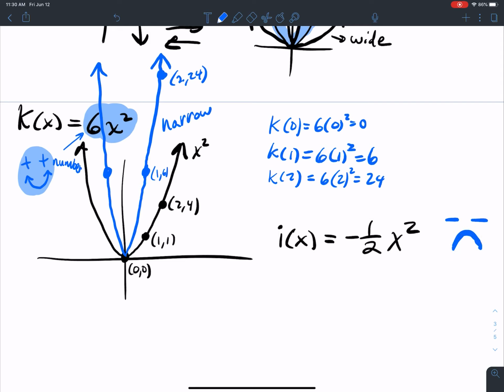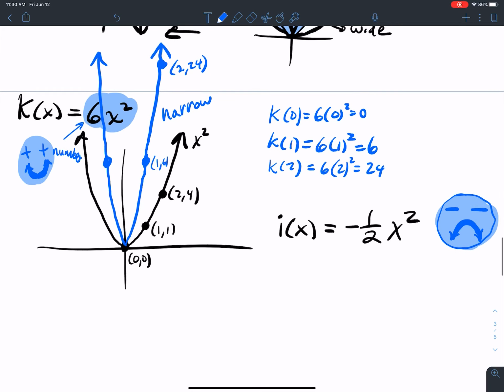So concave down, we got a frown. Concave up is like a cup. A cup, you think about a cup, it holds water, right? So concave up, we're smiling, positive. Negative coefficient in front, concave down, we're doing a frown.